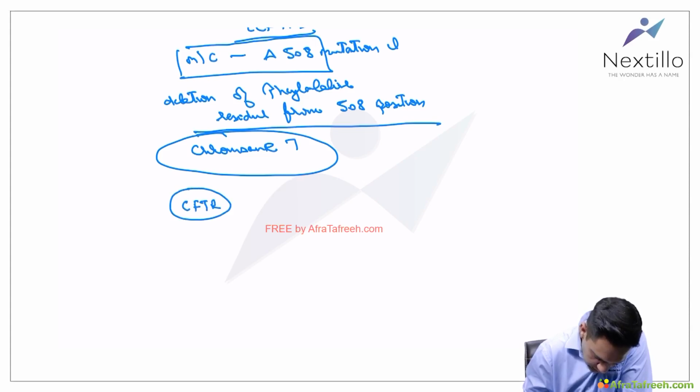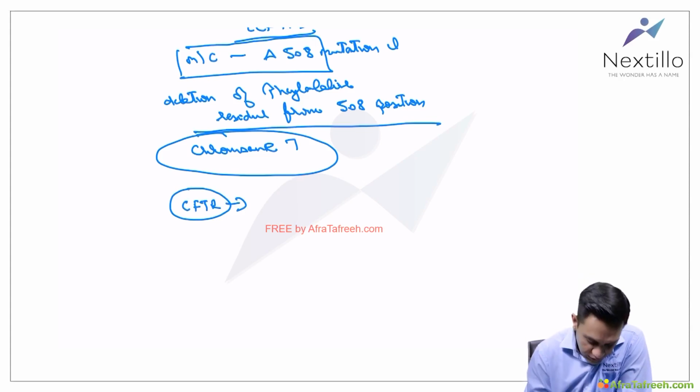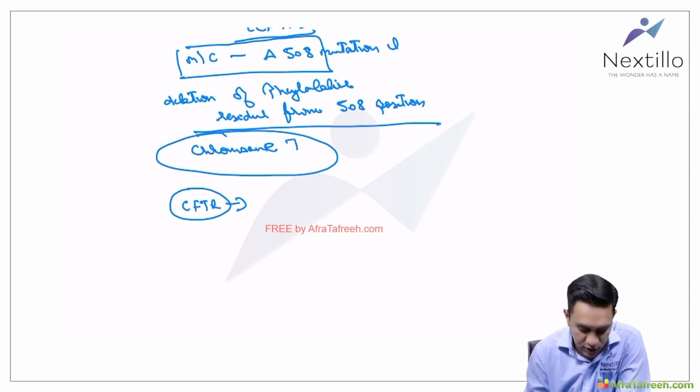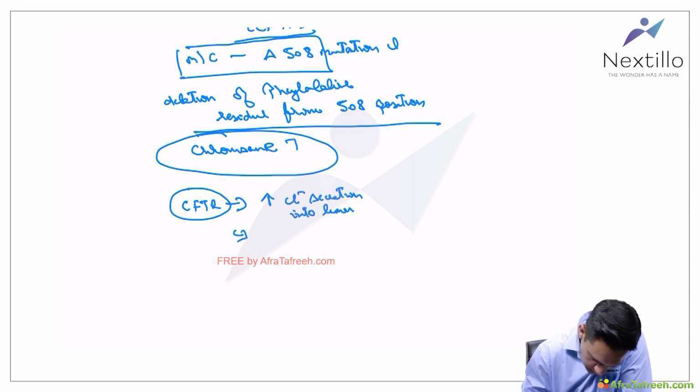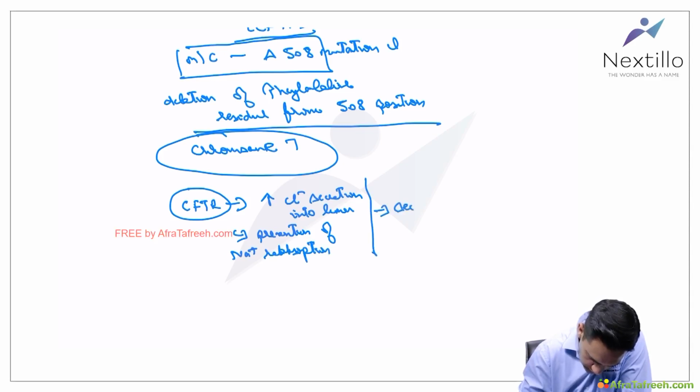What happens with this deletion? What is the function of CFTR? CFTR increases chloride secretion into the lumen and helps in prevention of sodium reabsorption. So secretions are not dry.